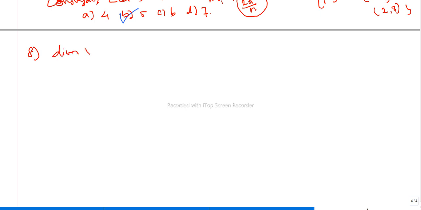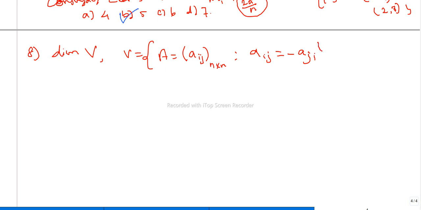Where V is the set of all matrices A, with entries Aij, an n by n matrix. What is the condition? Aij should be equal to minus Aji. So actually A equals minus A transpose. We are collecting the set of all n by n skew symmetric matrices.